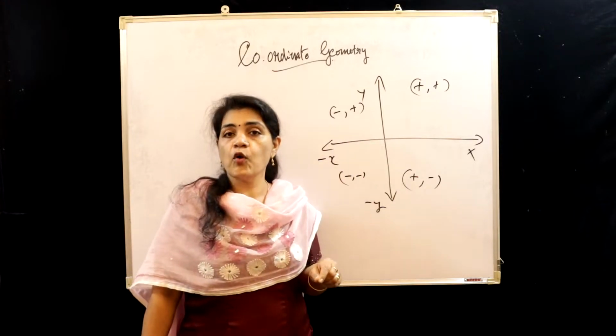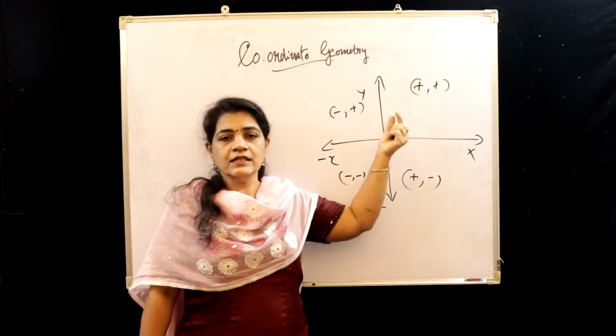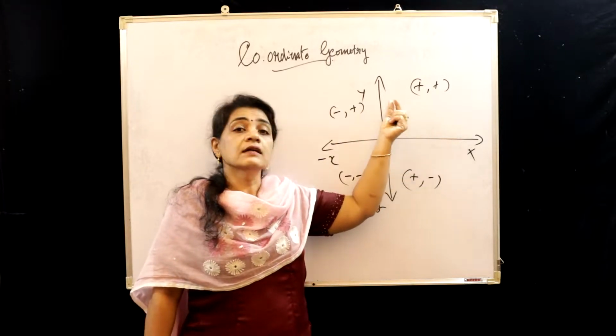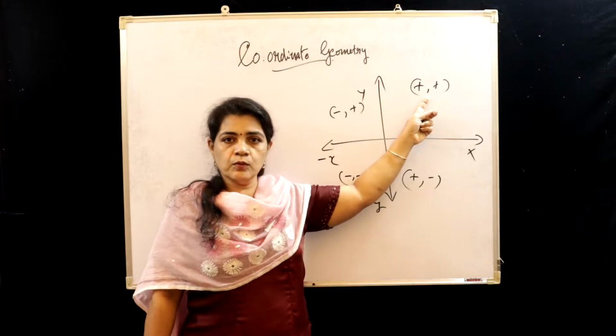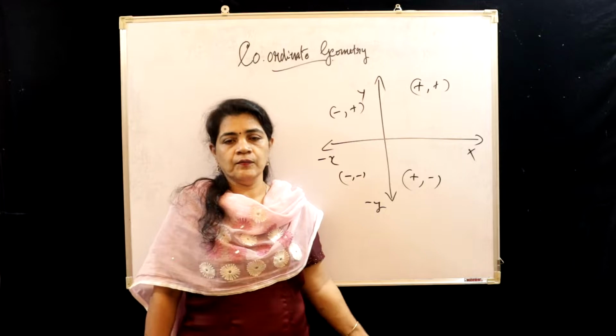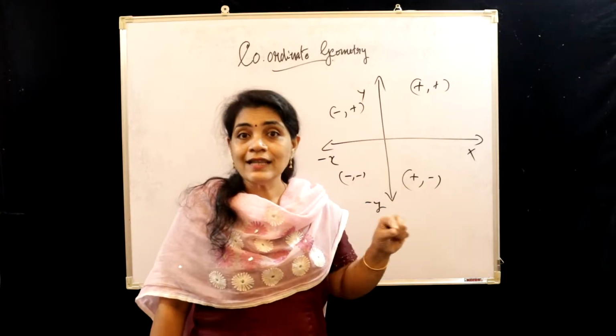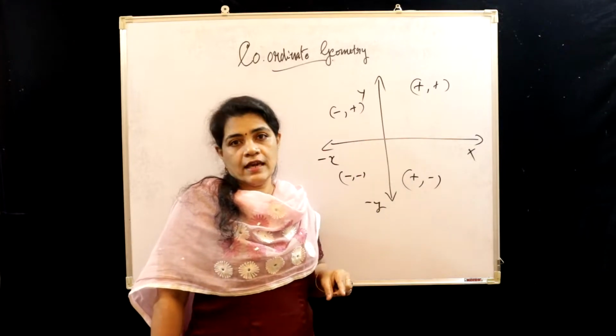If a point lies inside any one of these quadrants, it will carry the sign of that quadrant: positive, positive; negative, positive; negative, negative; and positive, negative. Sometimes the point can lie on the x-axis or on the y-axis.